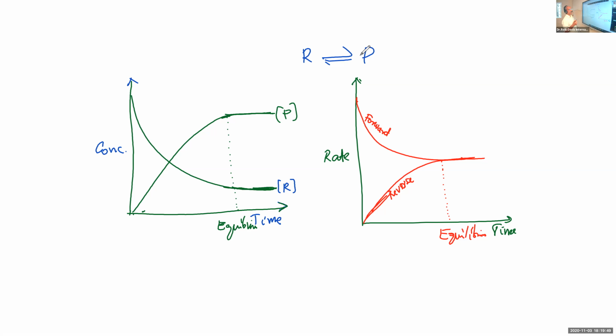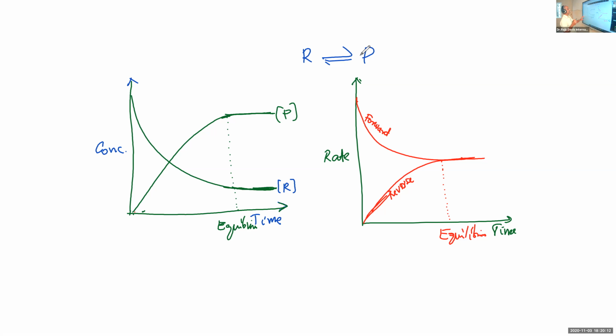And when the reaction progresses, the concentration of the reactant decreases, and you'll be getting a graph shown here. On the other hand, when the reaction progresses, the concentration of the product increases. And the nature of the graph will be as shown here.